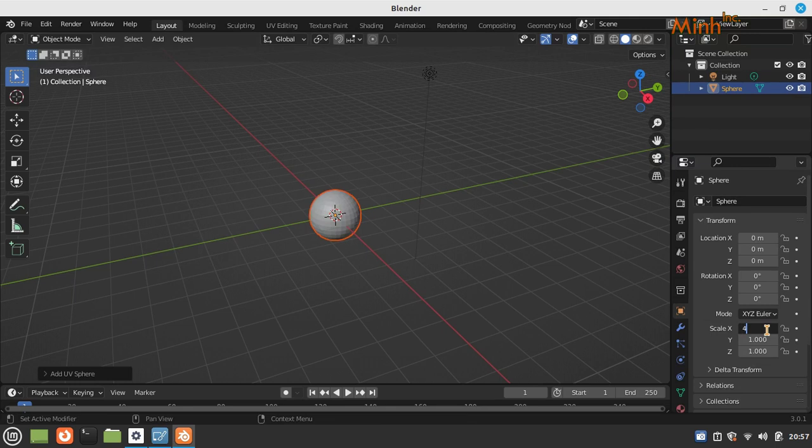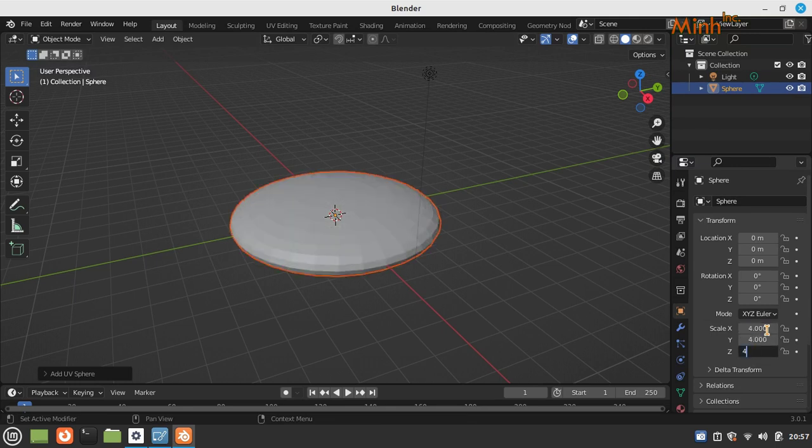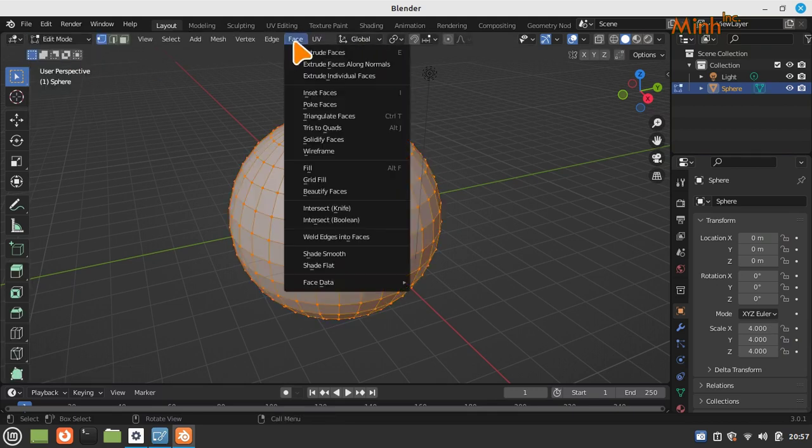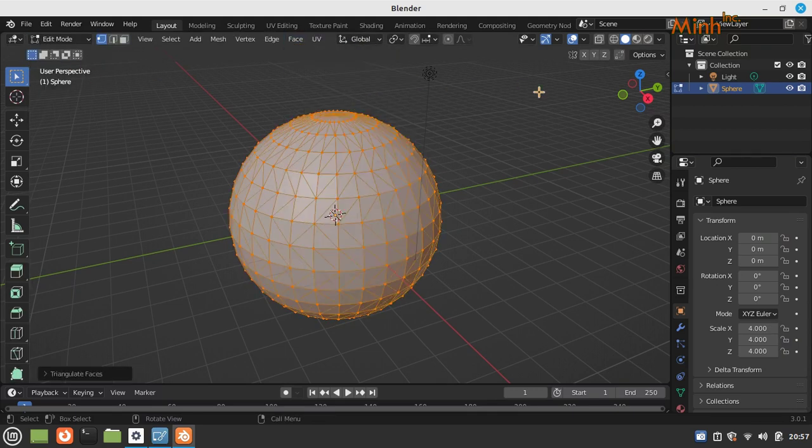I can make it big. Can we see now it's triangles? So earlier it was quads and then it is triangles.